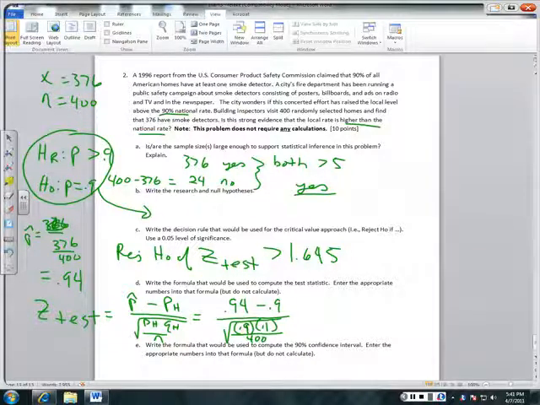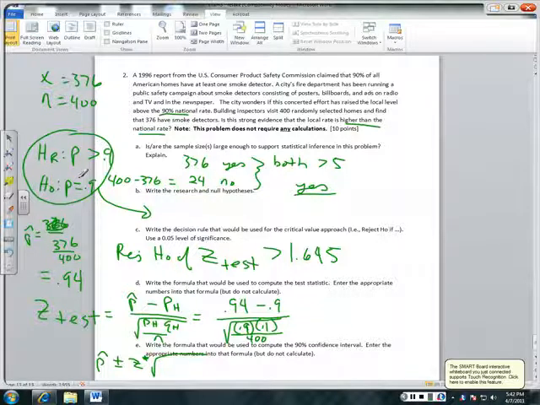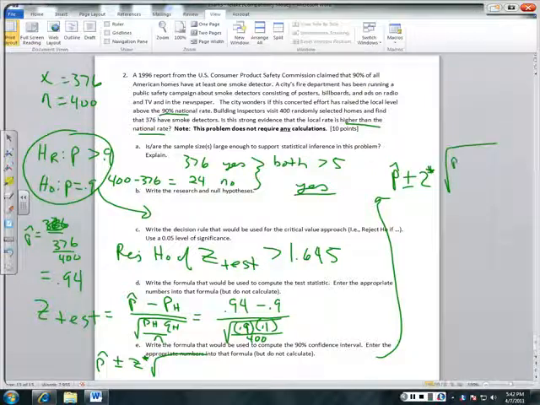And then for the 90% confidence interval, we're going to have the statistic p hat plus or minus z star, I'm just putting the star there to designate that it came from a table. You can put that there or not. Times the standard error, p hat, q hat over n.